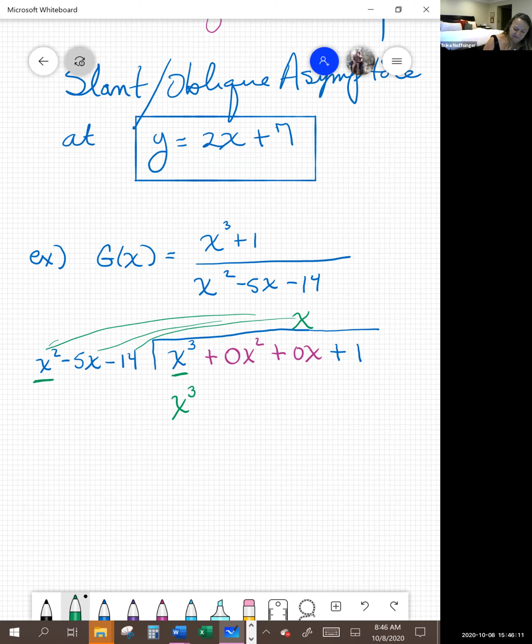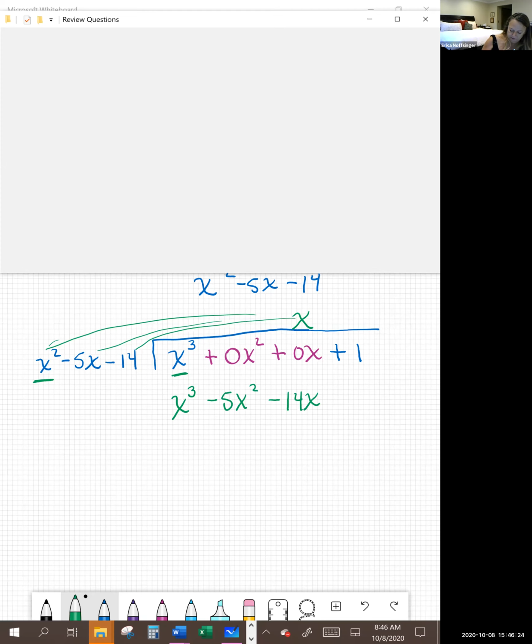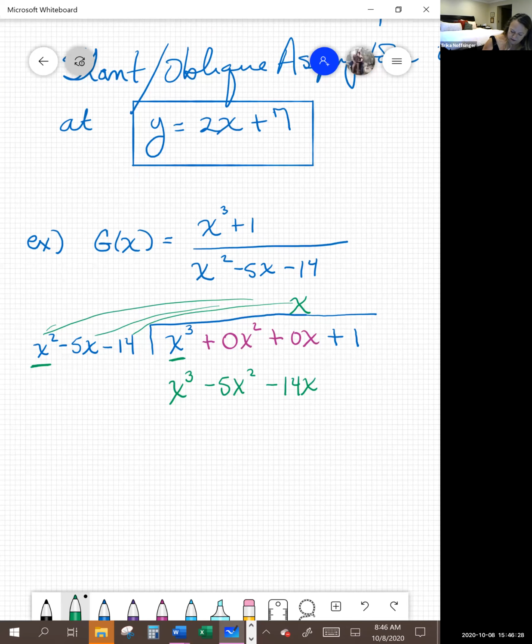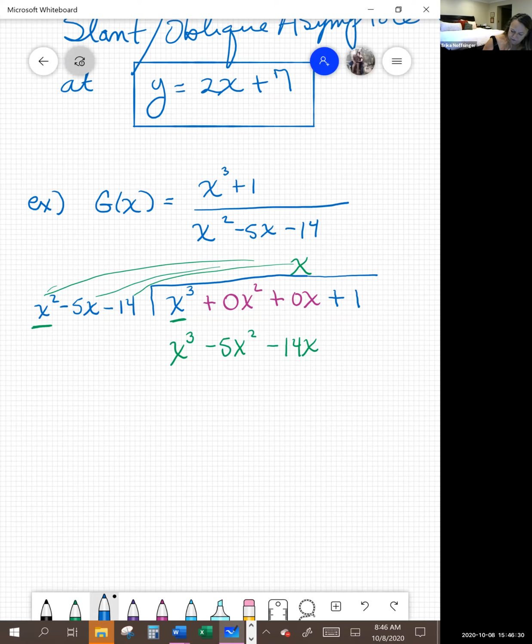X times negative 5x gives me minus 5x squared. And x times negative 14 is minus 14x.